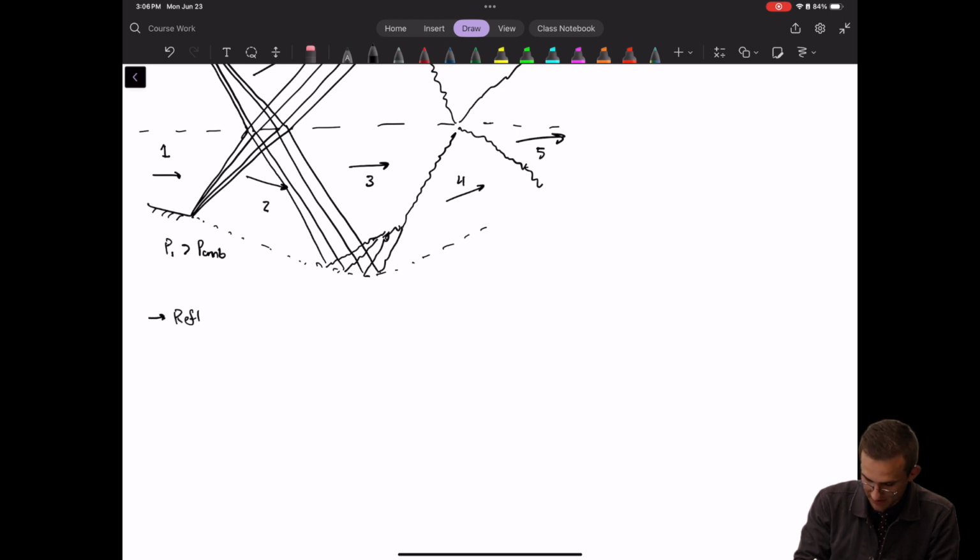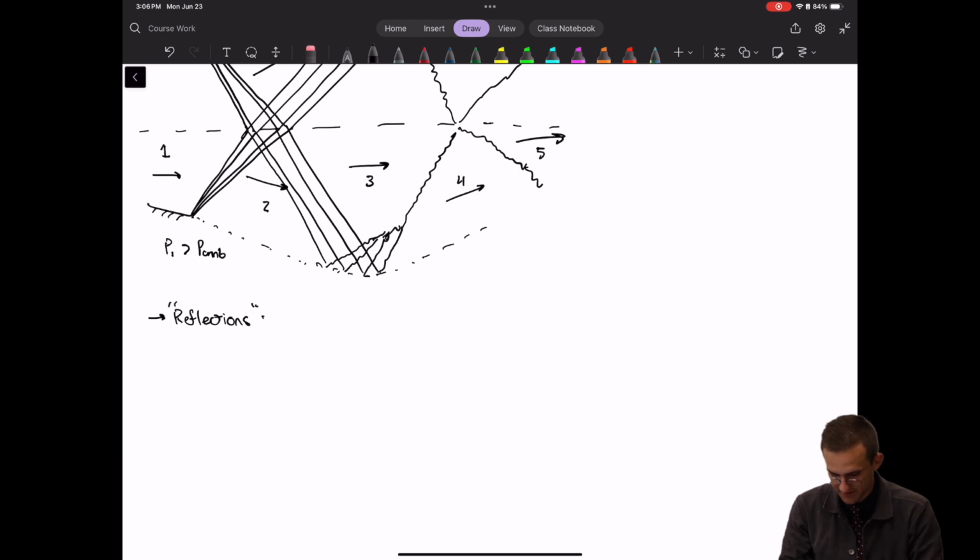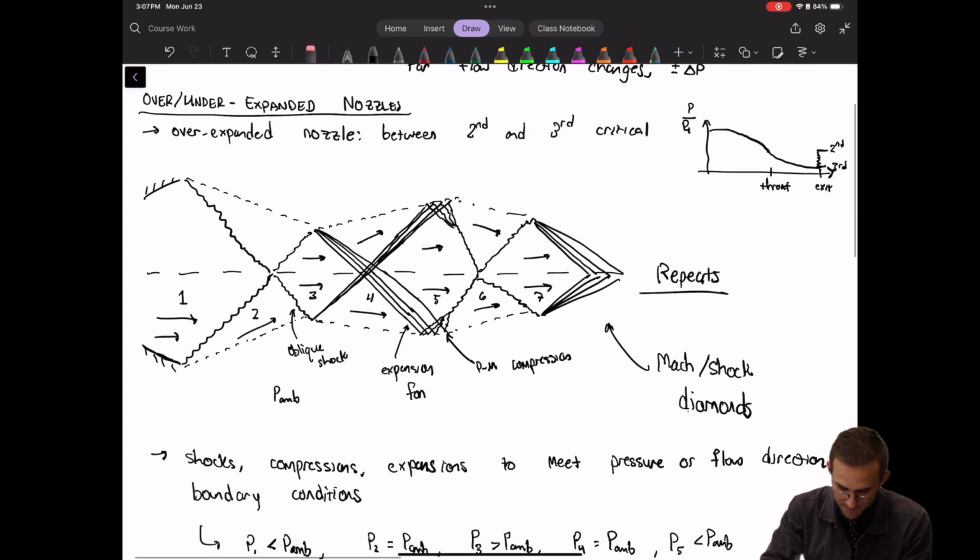So if you looked at the first diagram, it's a little bit easier to do here. You may have noticed that basically at the free boundary, it seems like this oblique shock is reflecting off of the center line and going down here, and then it's also reflecting off of the free boundary.